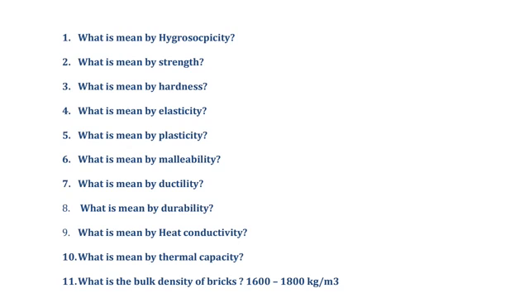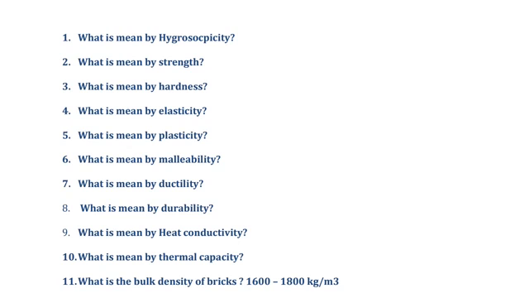So plasticity is nothing but the ability of material to change its shape under load without any cracking and to retain the shape after the load is removed. So please try to learn the difference between elasticity and plasticity. Elasticity in the sense it regains its initial shape, but in the case of plasticity it retains its newly formed shape without any cracking.